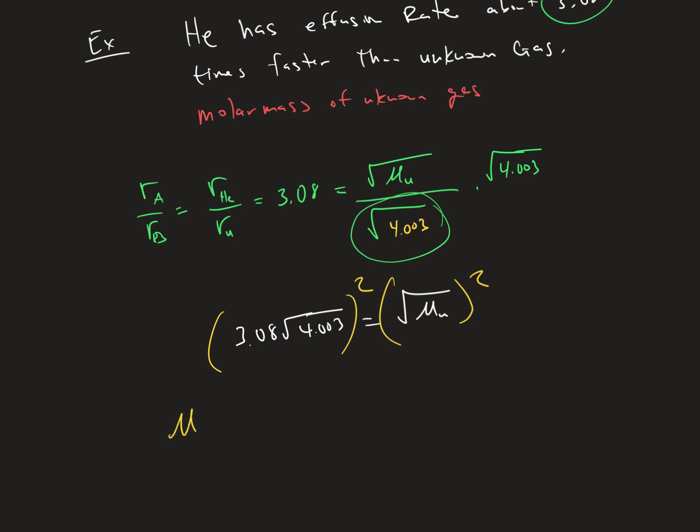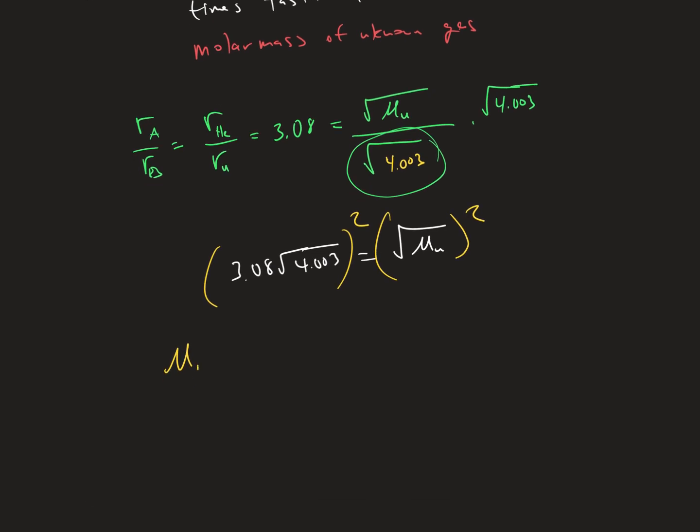And so our molar mass of our unknown gas is equal to, and I might have rounded this in my calculation. What do you get? I got 37.974 grams per mole. I'm not going to ask you what gas you think it is, but you could probably figure it out maybe if you knew a lot of gases, right?